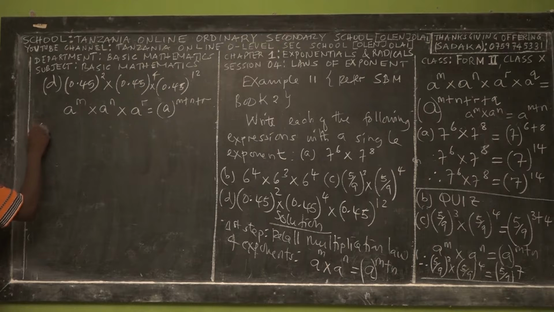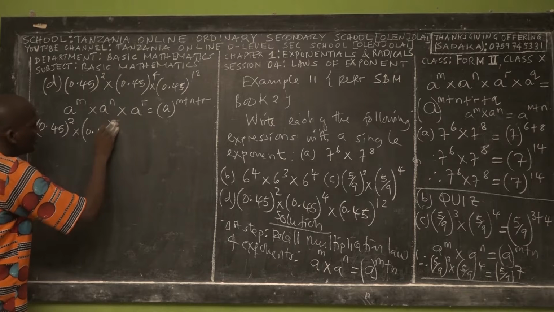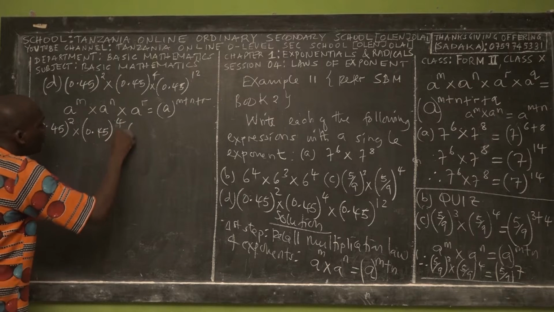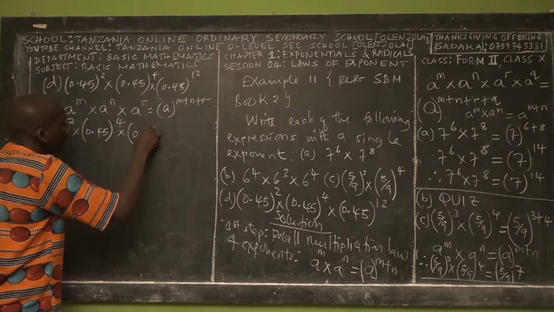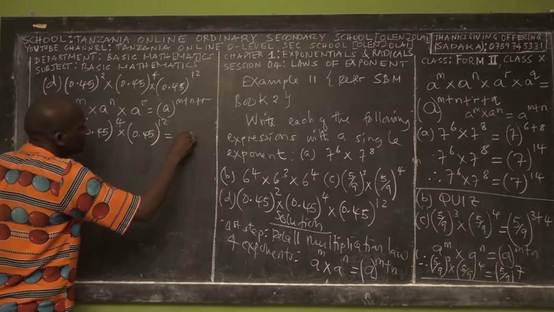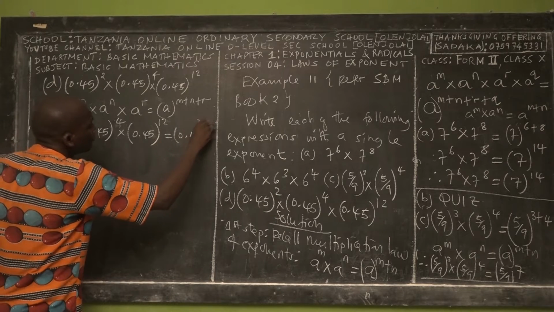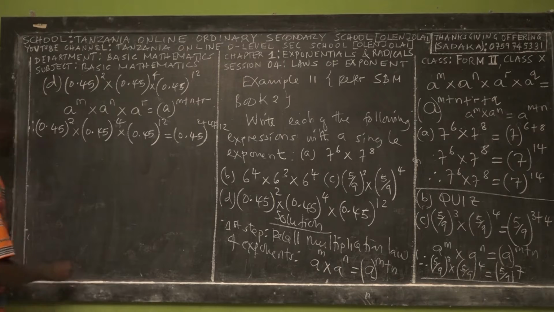Because they have the same base, we can add the exponents. So 0.45 power 2 multiplied by 0.45 power 4 multiplied by 0.45 power 12 is equal to 0.45 power 2 plus 4 plus 12.